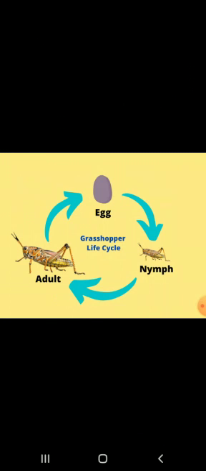First the adult lays eggs, from which the nymph hatches, and then the nymph grows into an adult insect. So this is the life cycle of an insect, or particularly the grasshopper.